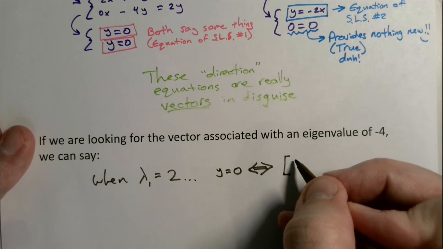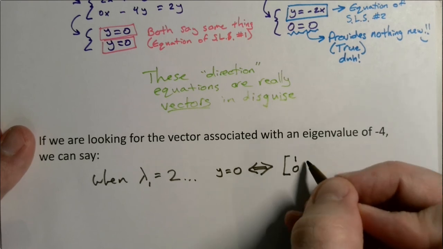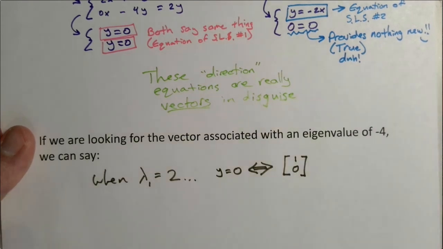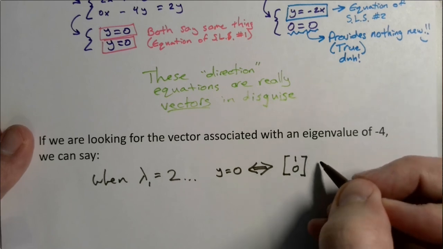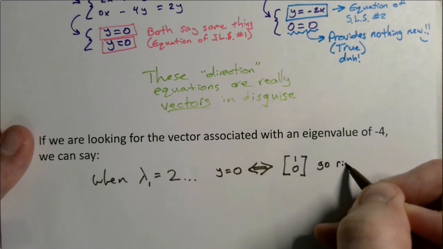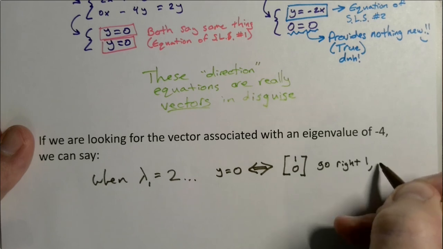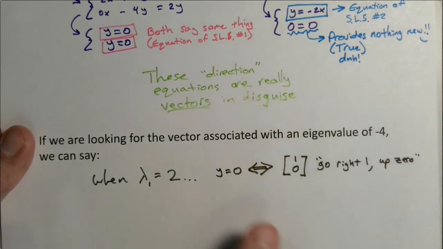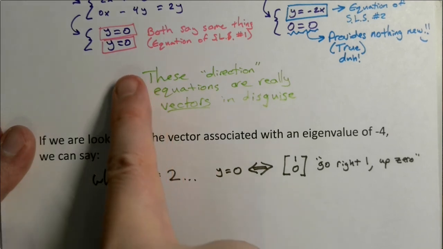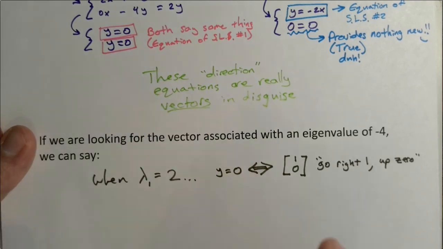Go 1 in the x direction and 0 in the y direction, right? So this is the vector that's telling us go right 1, up 0. So the equation that we found up here corresponds to the vector.